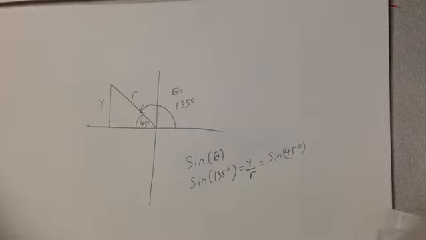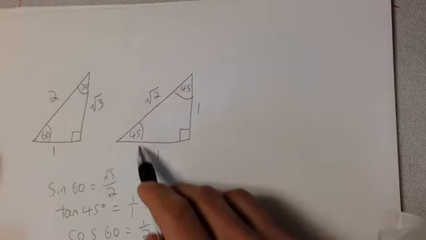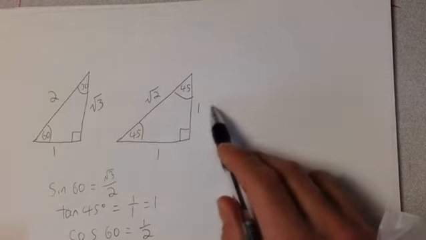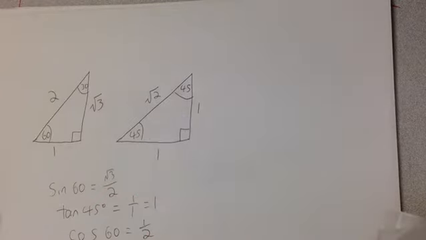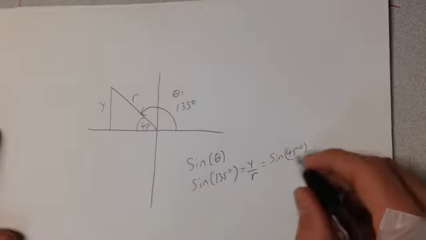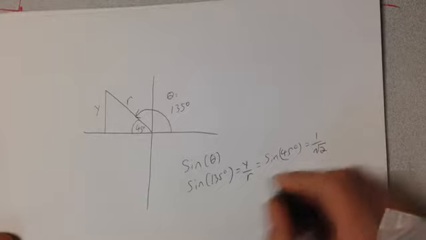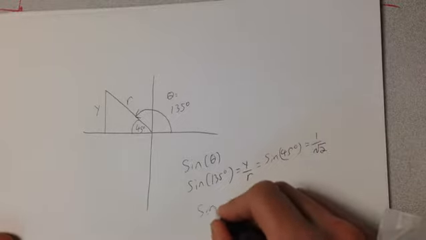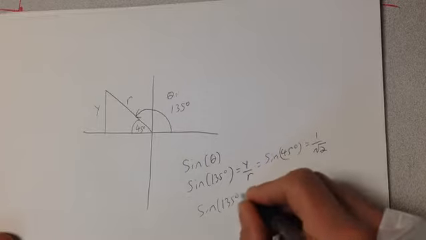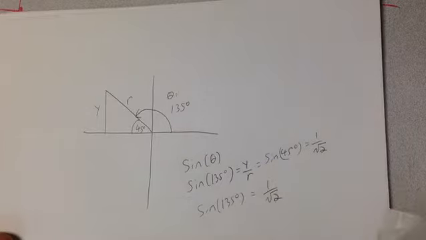And remember from our special triangle, here's 45 degrees, the opposite is 1, and the hypotenuse is root 2. So the sine of 45 degrees is 1 over root 2. That makes the sine of 135 degrees also equal to 1 over root 2.